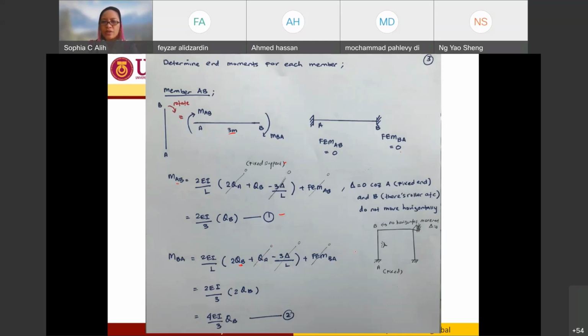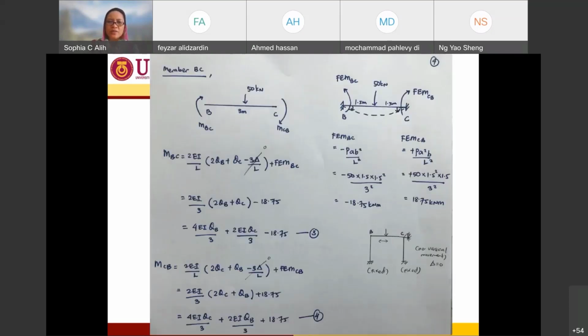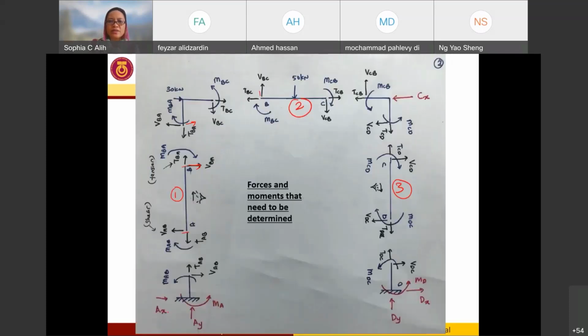There is no horizontal movement, so delta is going to be 0, and there is no external loading, so FEM is going to be 0. Now I solve this equation. I will have the second equation over here. So this is for member AB. So member AB is done. I go to member BC. So for member BC, it is this one, right?